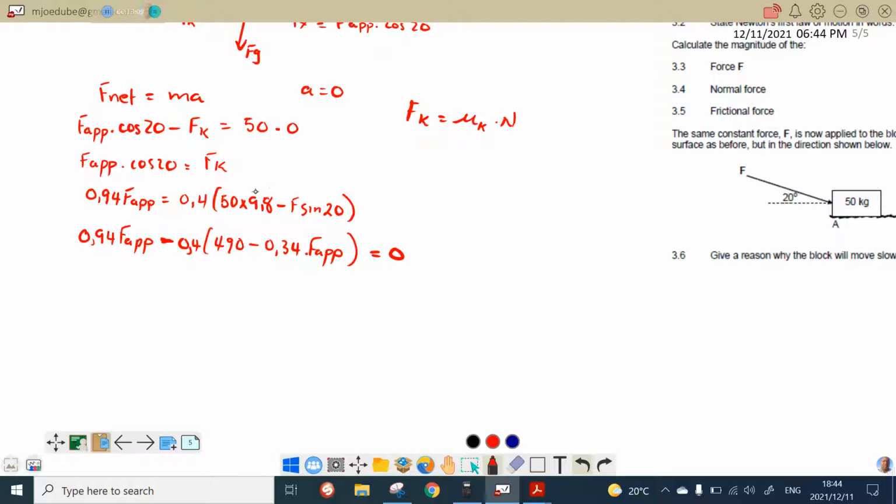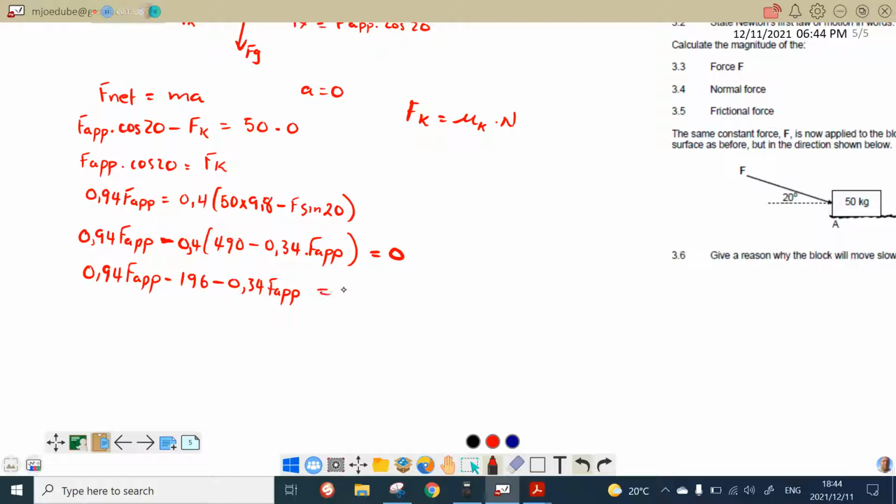So when you now put that into your calculator and work it out, you will have 0.94 F app minus 0.4 times 490, which is equal to 196, minus 0.34 F app.